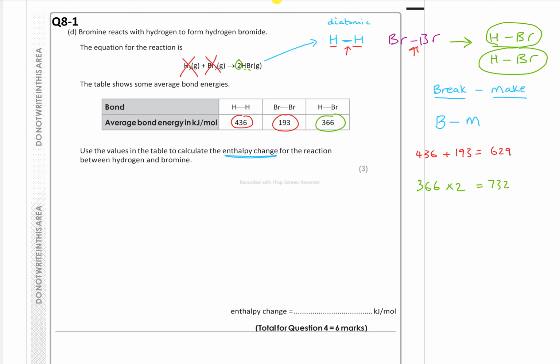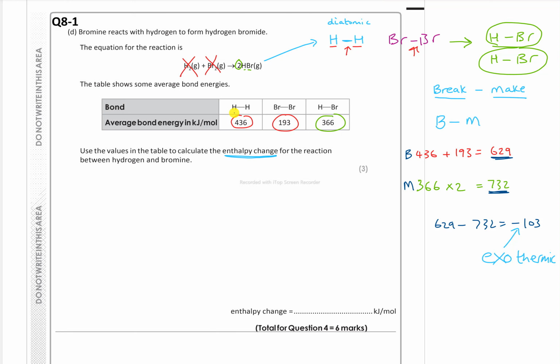Now all we do simply is break minus make. So we do 629, take away 732. It's going to give a negative number, so it'll be minus 103. Now what does this minus indicate? That it's what? Exothermic. It's an exothermic reaction.